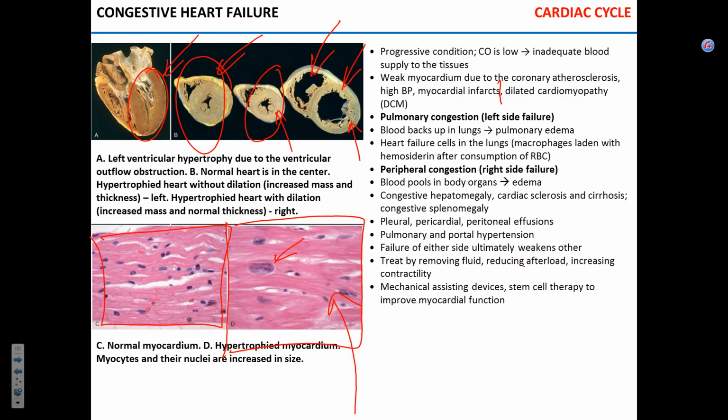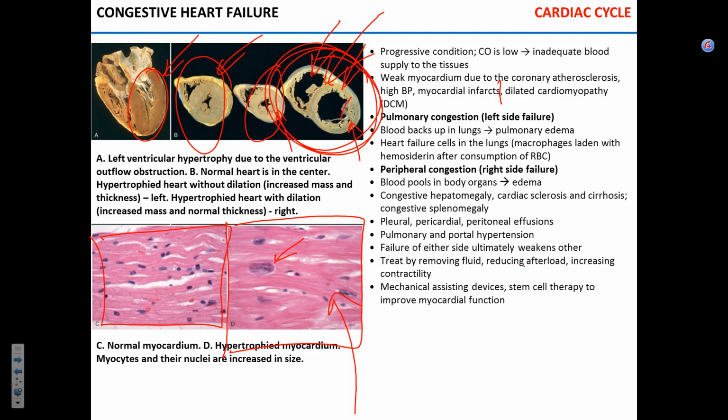So this is dilated cardiomyopathy on the right one. That's dilated cardiomyopathy, DCM. In both cases, either myocardial hypertrophy or dilated cardiomyopathy, heart cannot pump as well as it used to pump.